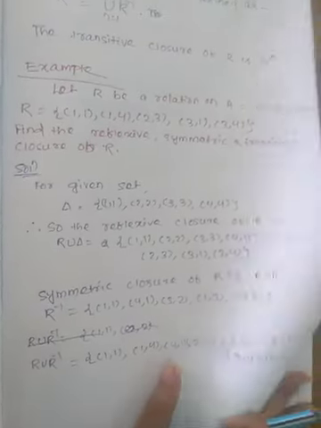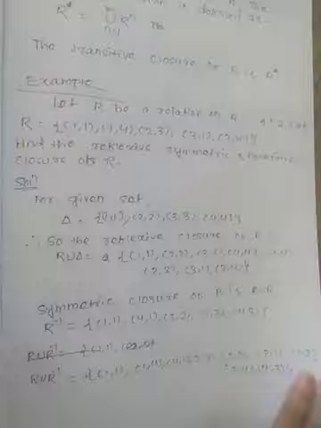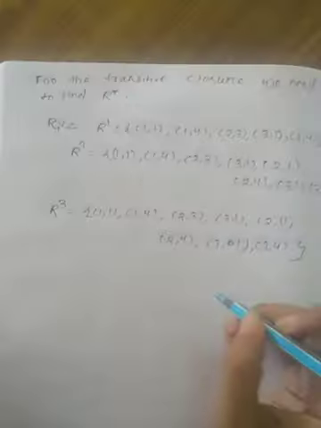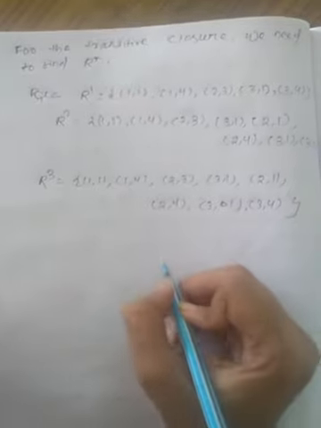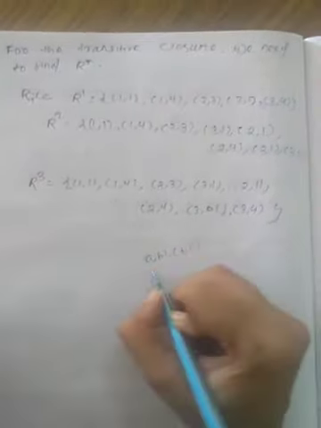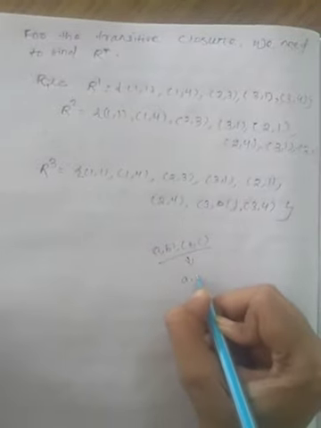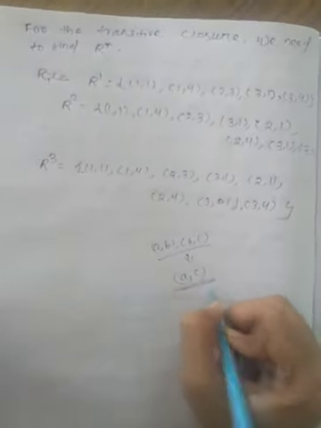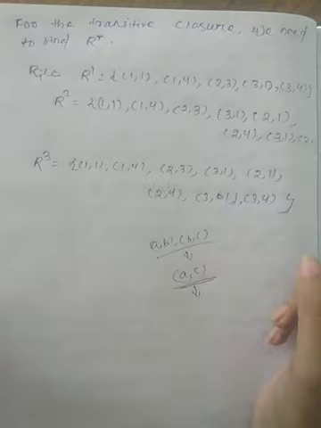Okay. So now to find out transitive closure. In case of transitive relation, if I have (a,b), (b,c), then I should have (a,c) in order to tell the relation as transitive.